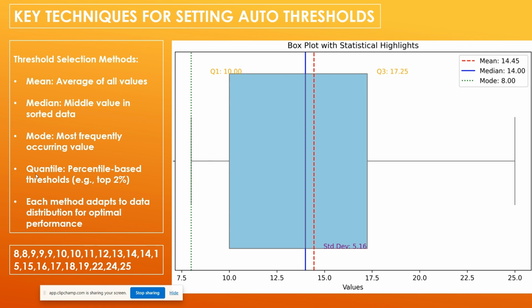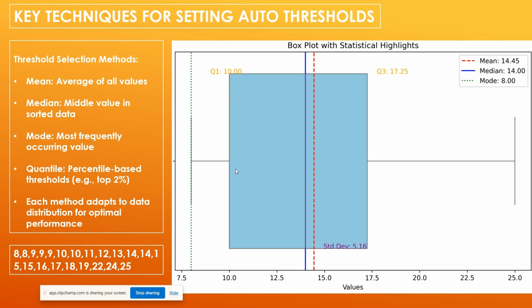Then I will tell you about quantile, which, as I already told you, is percentile based. You can see in the box plot chart the blue rectangular area. The first one highlighted is quantile 1, 10.0, and quantile 3, 17.25. So this is our first quantile, starting from 10.